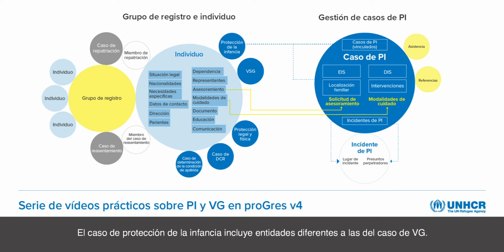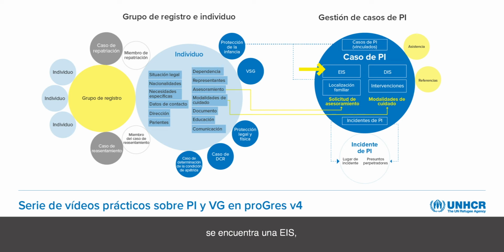The child protection case includes different entities to those of the SGBV case. Within a child protection case, you will find a BIA, both simple and comprehensive, a BID and BID interviews, family tracing request entity, interventions, and child protection incidents.